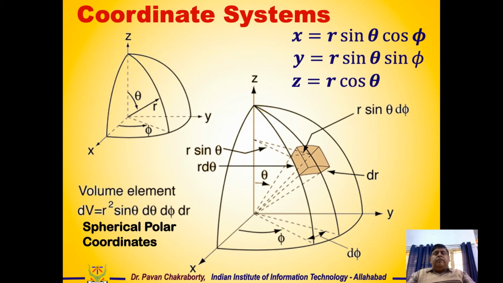This is another problem: if I would like to convert these coordinates to the cylindrical coordinate system, what should be the value of theta? Please note here. Theta is the angle from the z axis.